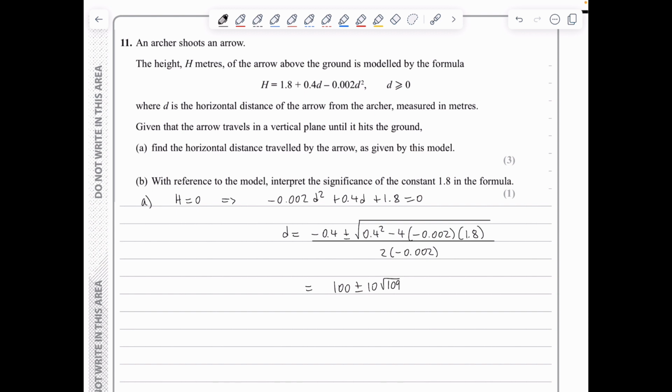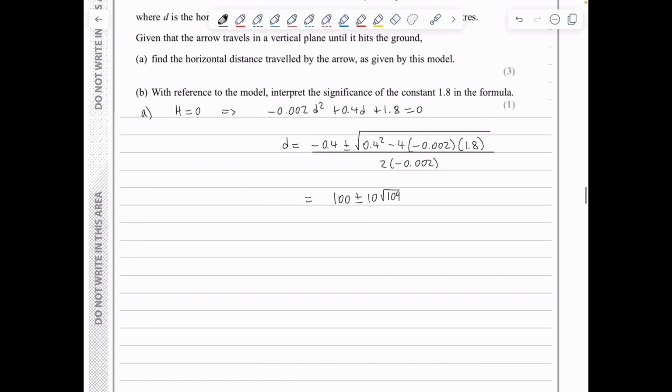If we look at the decimal form of these solutions, it's minus 4.40 or 204. So we cannot have a negative distance, which means that we conclude that the distance when we hit the ground again is 204 meters. Remember, we need to give units with our answer to claim full marks here.